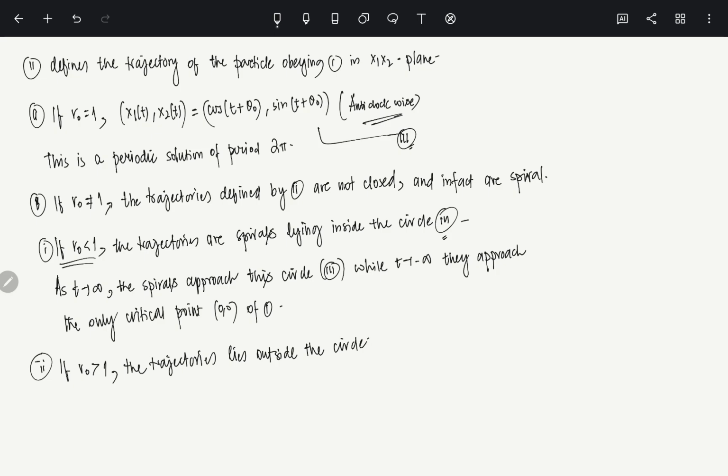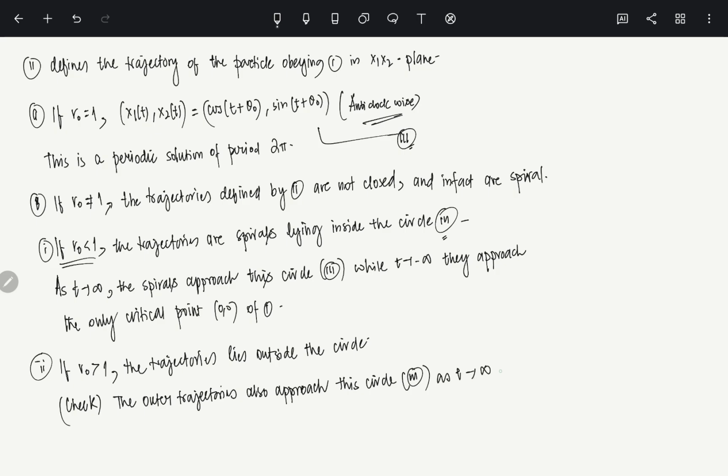Now please check this one, it is easy to do. Check that the outer trajectories also approach this circle, the only circle I have, the trajectory given by 3, as t tends to infinity.